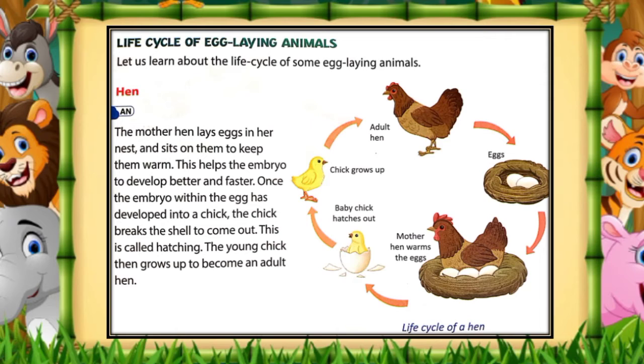Next stage is hatching eggs. So all hens begin their lives inside of an eggshell. Once an egg is laid, one of two things can happen. If the egg is not fertilized, it makes its way to the grocery store.